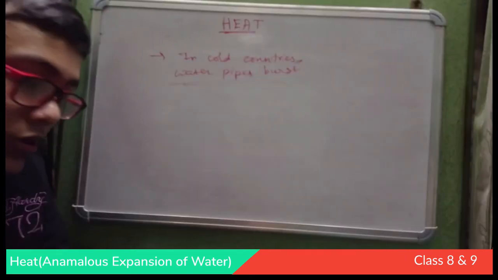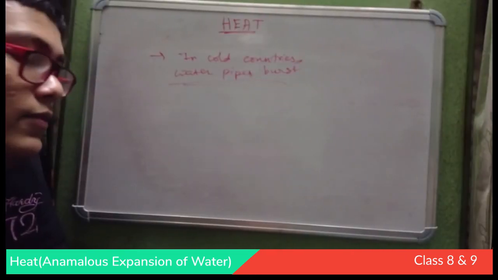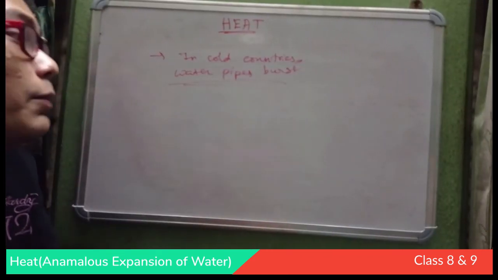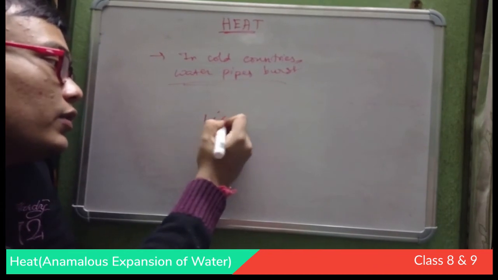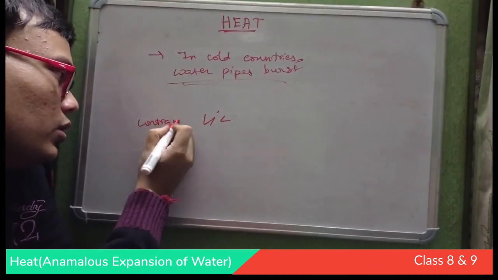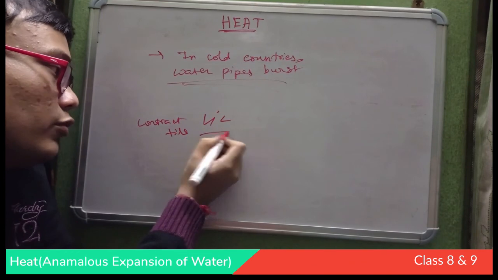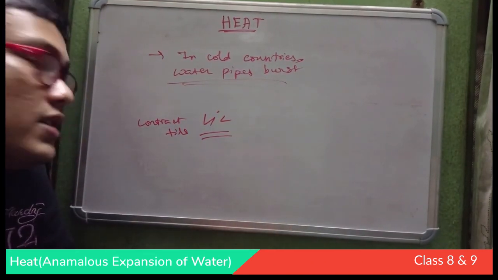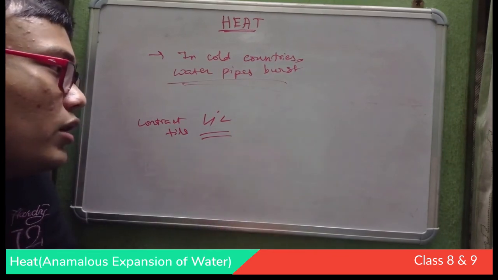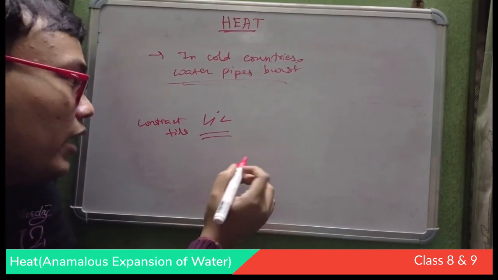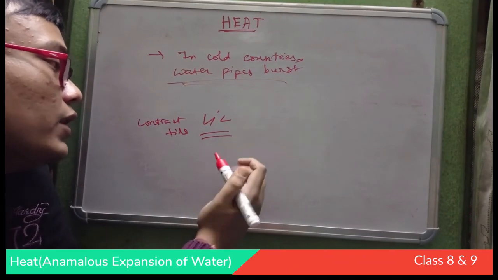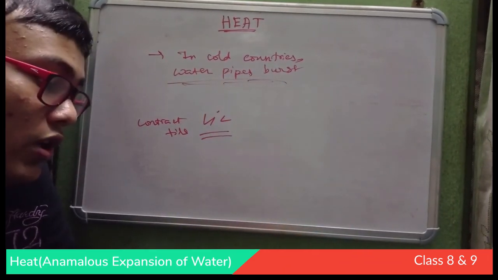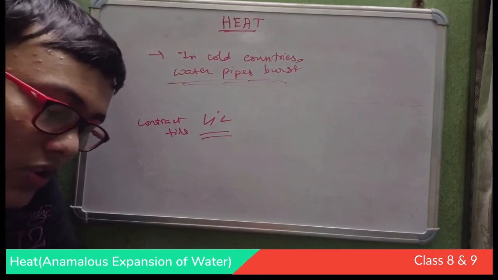This is because the water inside the pipes contracts on cooling up till 4 degrees Celsius. However, when the temperature falls below 4 degrees Celsius, the water keeps on expanding and forms ice, and as it expands it bursts open the water pipes. So this is one disadvantage of anomalous expansion.